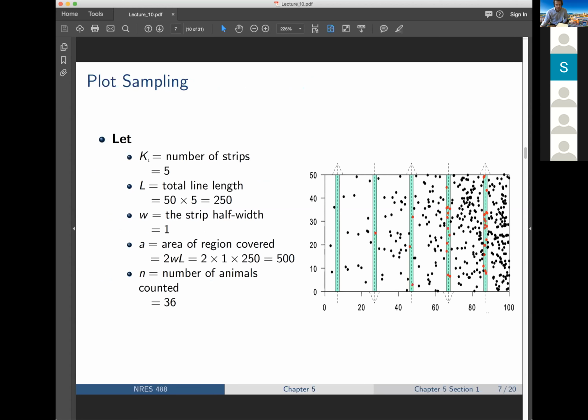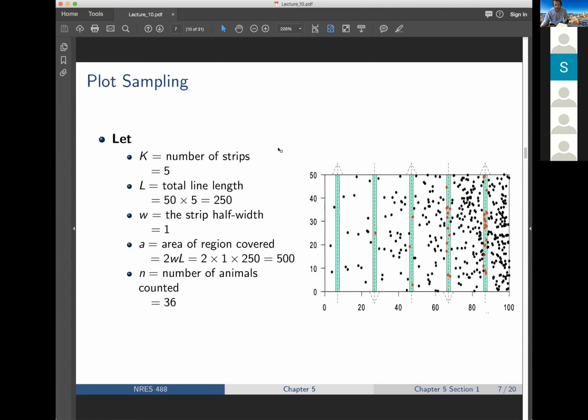So in this sample, we have transects set up within our same population we were looking at before. And these transects are in the green area. A person would walk along these transects and they would count the number of animals they saw within the transects. Here we see the red dots represent the animals that were caught.